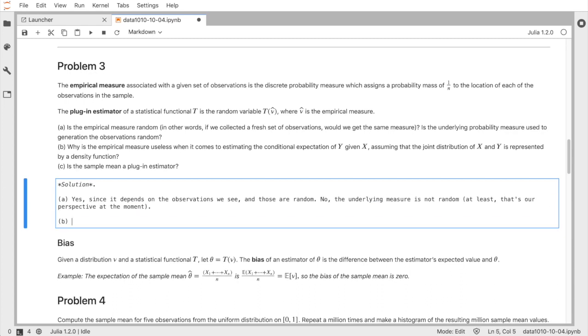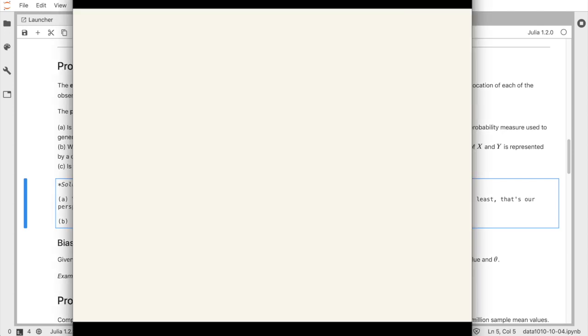Why is the empirical measure useless when it comes to estimating conditional expectation of y given x, if x and y are represented by a density function? So we alluded to this a bit when we talked about kernel density estimation.